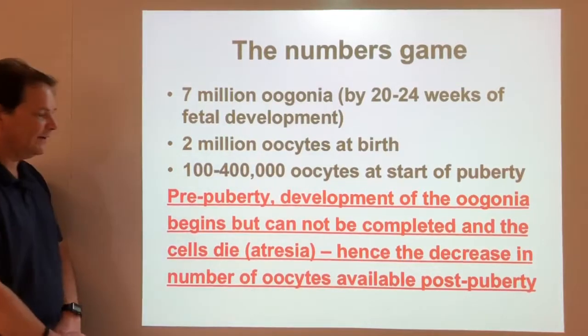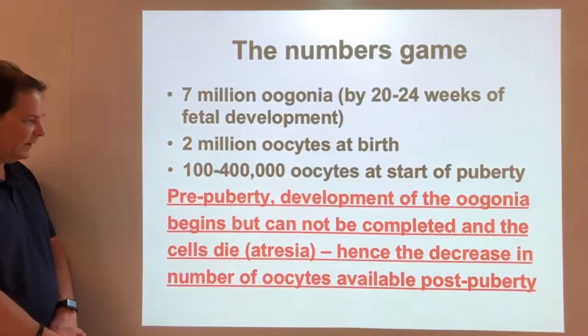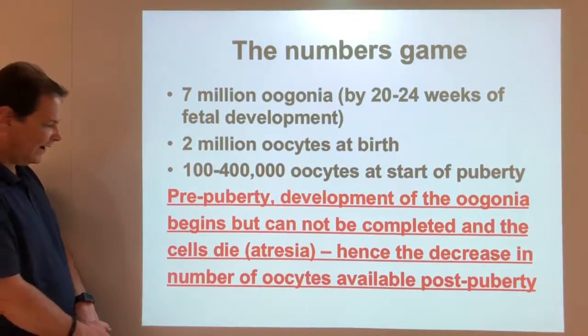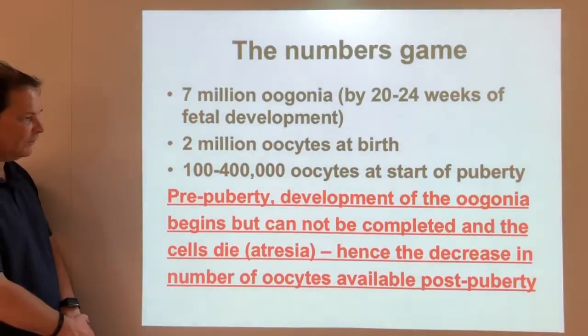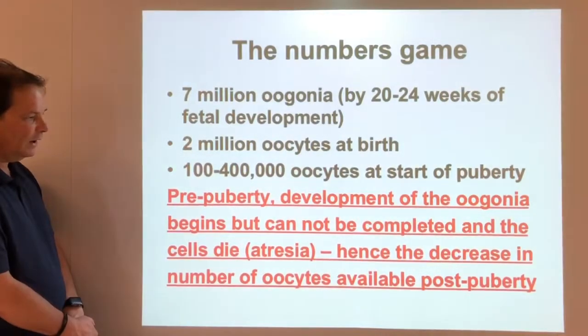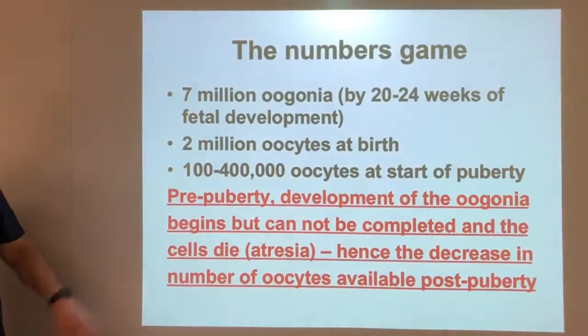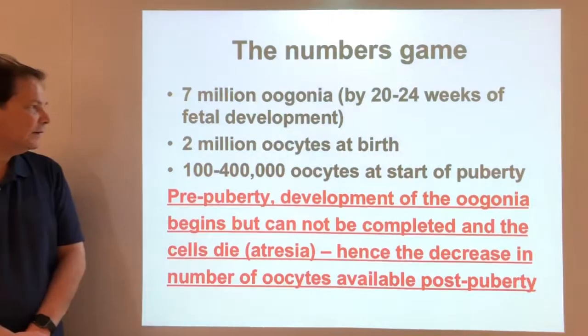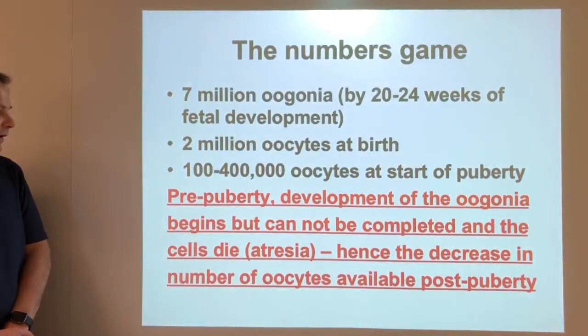They basically undergo apoptosis until you hit puberty. And so you have a decrease in the number of oocytes that are available after puberty to ovulate and potentially develop. Okay?